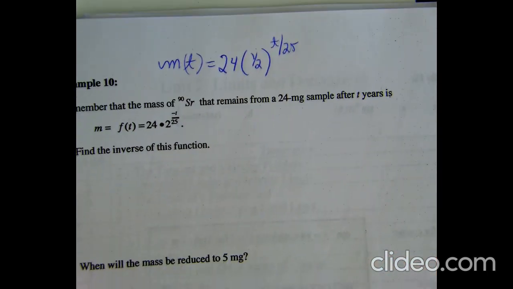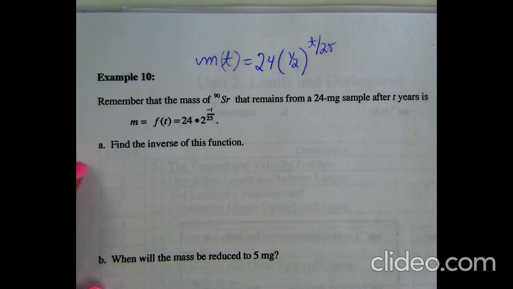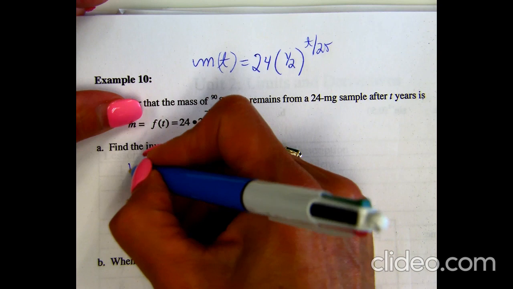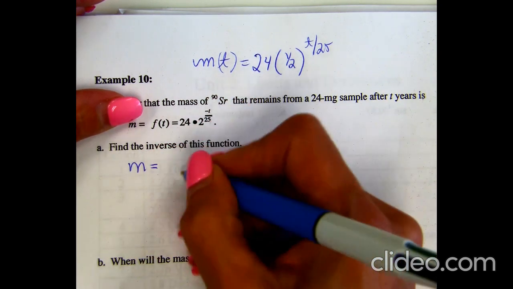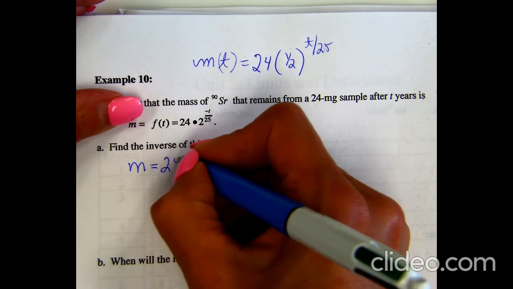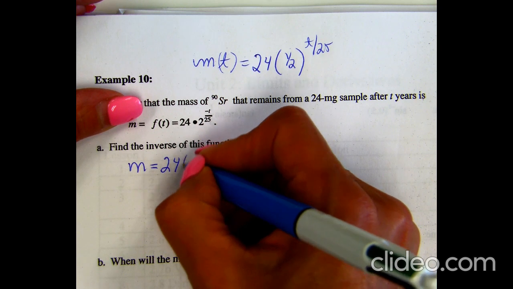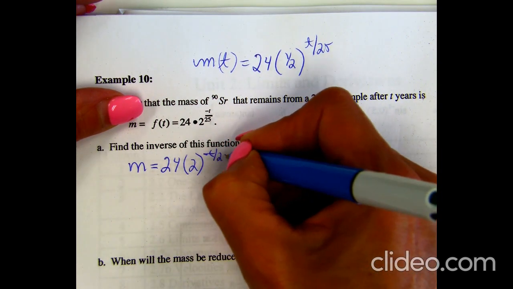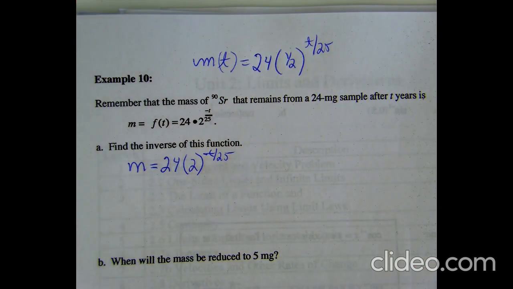So how do we find the inverse of a function? Well, let's try taking this function, mass remaining is equal to 24 times 2 to the power of negative t over 25, and let's find the inverse, aka exchange m and t and solve for m.